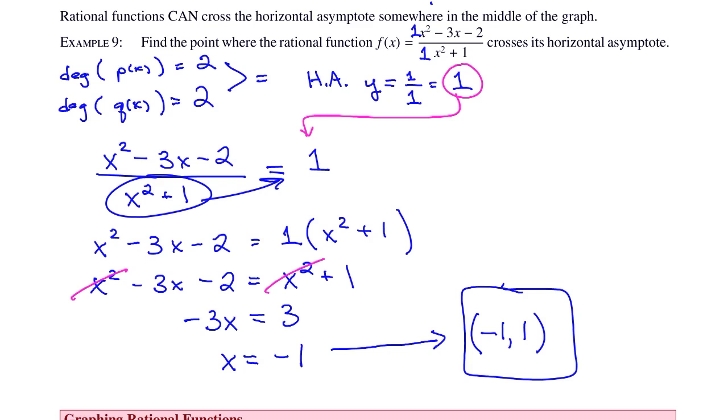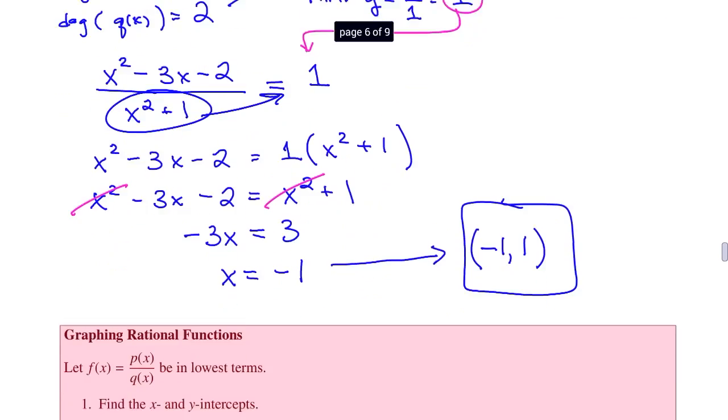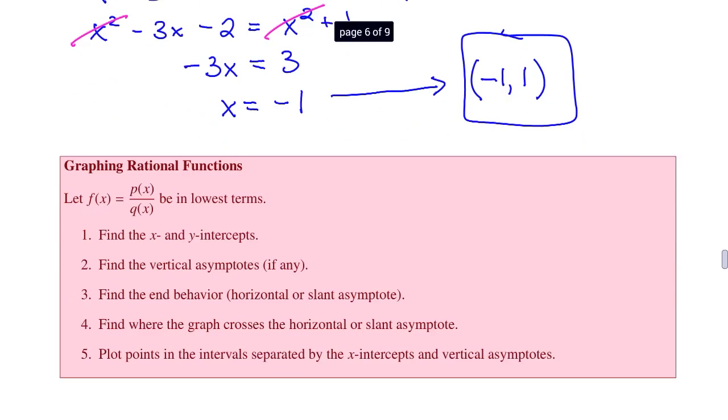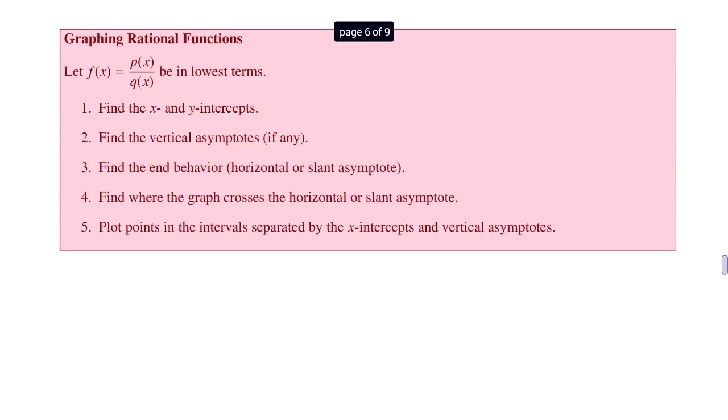All right, so now let's take everything that we've learned today and a couple of things from a few lessons ago and put it all together to learn how to graph rational functions. So first off, start off with a function in lowest terms. First, find the x and y intercepts.